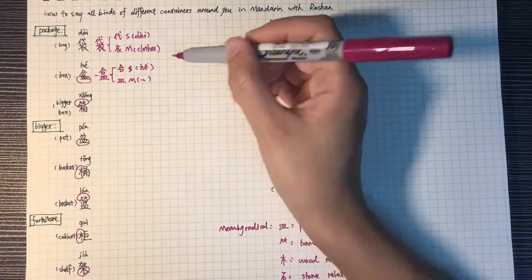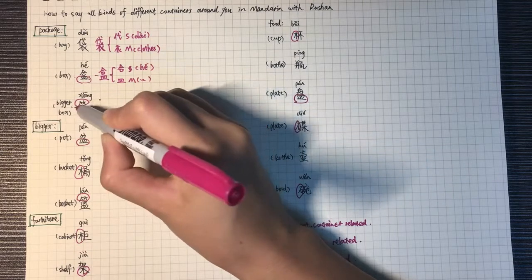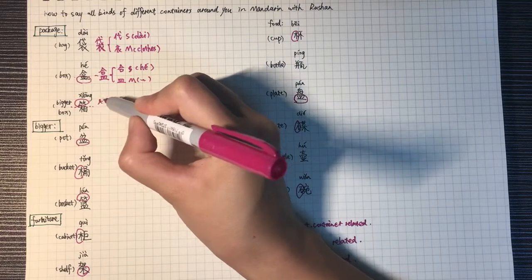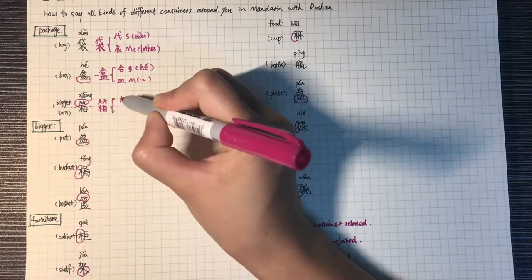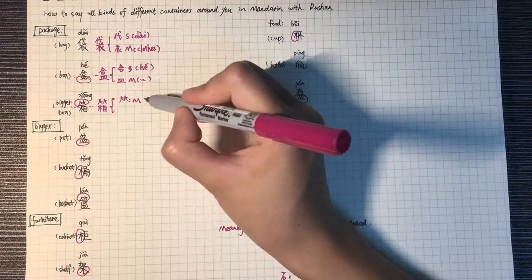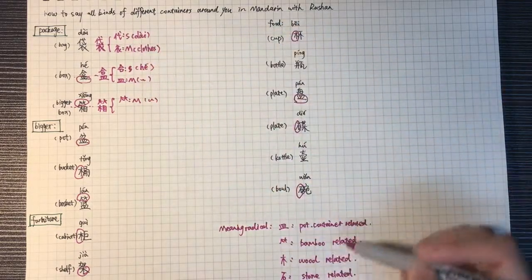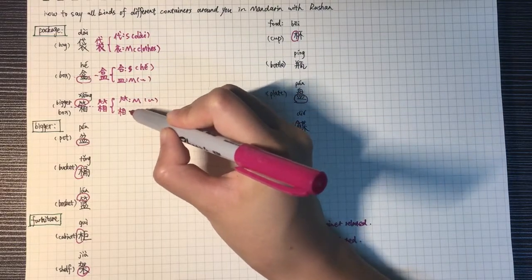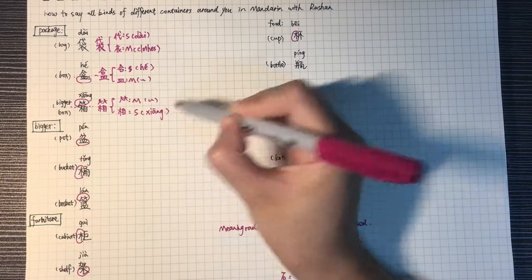Next one, again top to bottom. The top is a meaning radical, and I told you before, it's about bamboo. The bottom is a sound radical, and it's 香.